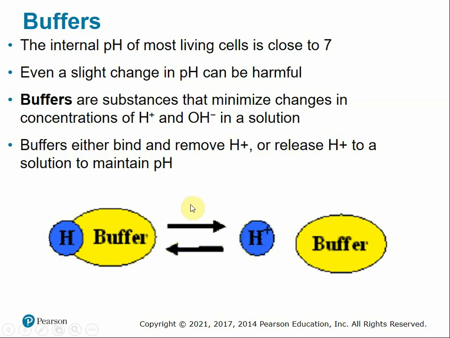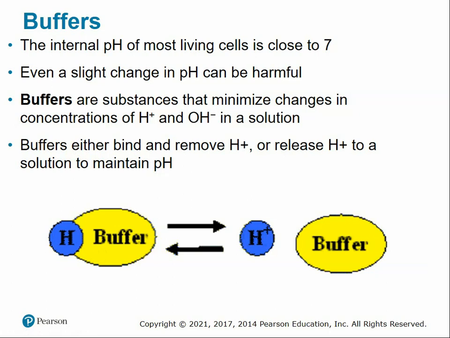So if our blood pH is 7.3 and it starts to become more acidic and gets down to say 6, that means there are more hydrogens being added to our blood. We don't want any extra hydrogens added to our blood to change our pH. So the buffer will bind those excess hydrogens to keep the pH at that 7.3 range.